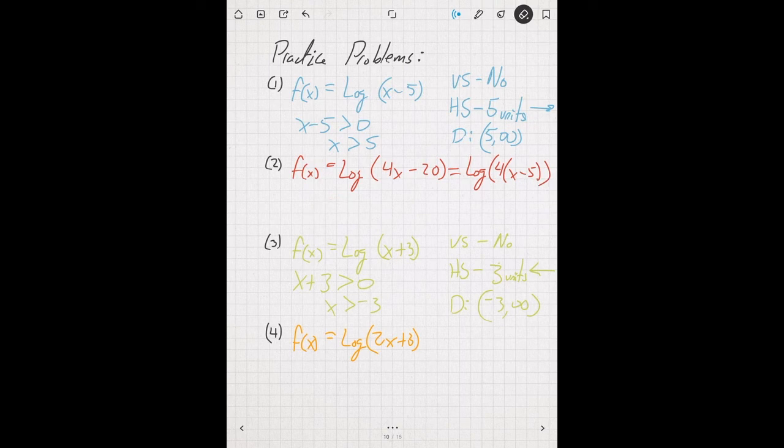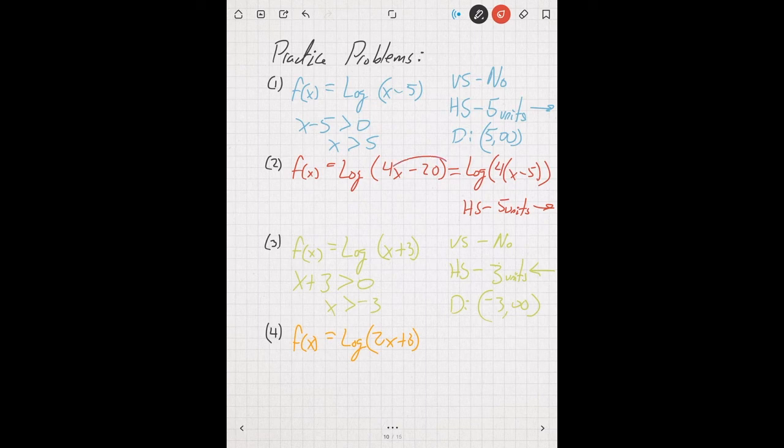We just factored out a GCF of 4. I'm going to suspect here that our horizontal shift is going to be 5 units to the right. I'm suspecting it because the things that control the horizontal shift are what is being subtracted from x.